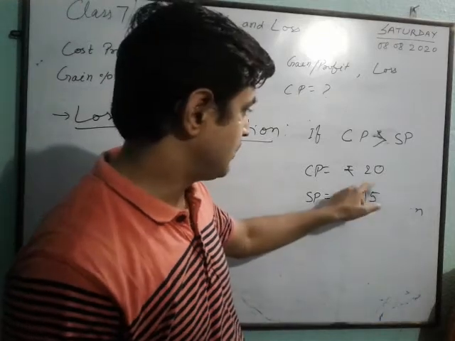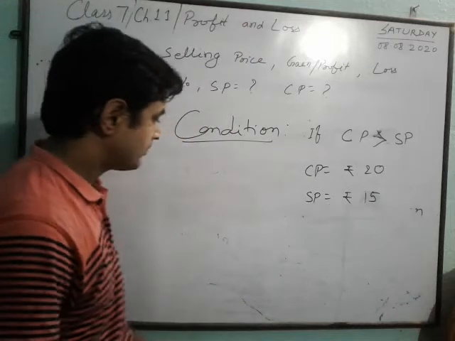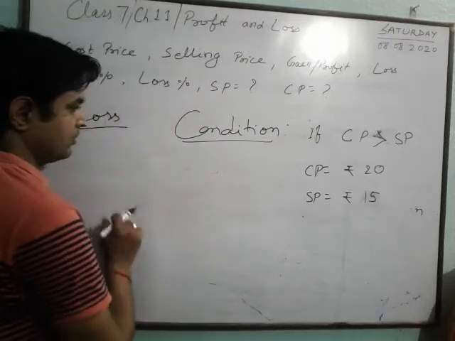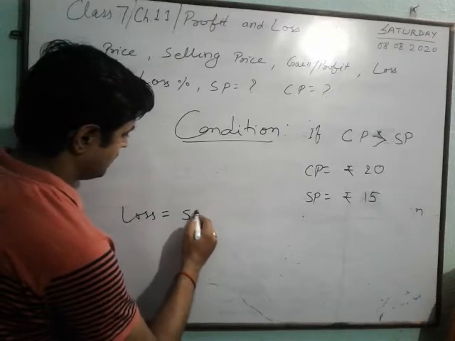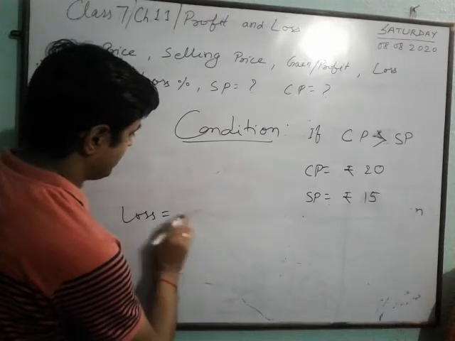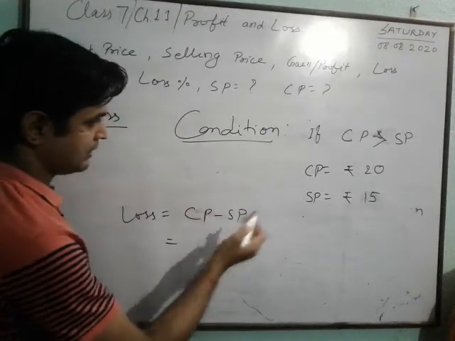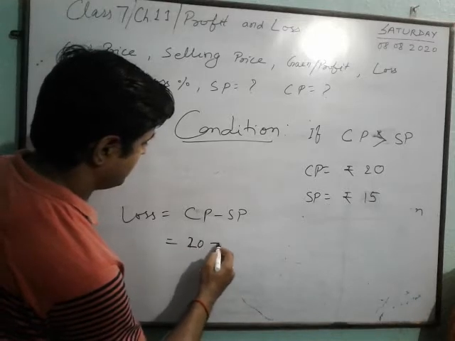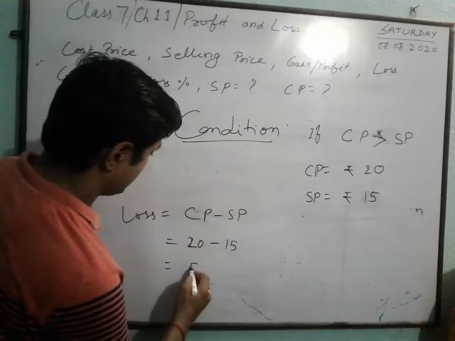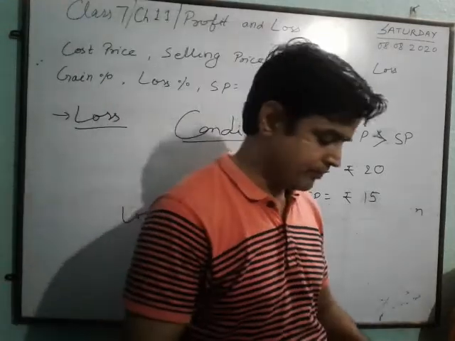So here we have loss of ₹5. Formula is loss equal to CP minus SP. Let us calculate: 20 minus 15 equal to 5 rupees. In this case, we have loss of ₹5.